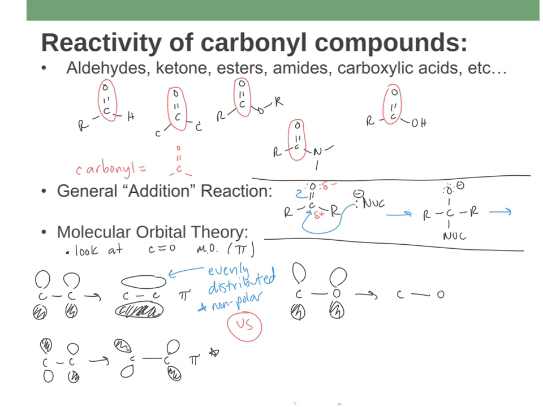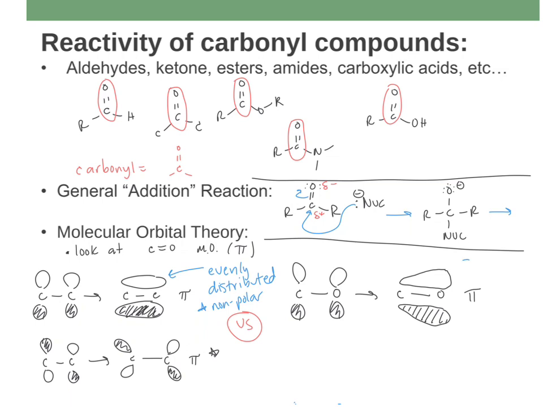What we're going to see when you have two things that have different electronegativities is that it's not going to be evenly distributed. It's going to be lopsided. So now my pi bond is going to be similar, but, like I was saying, lopsided. So this is my version of lopsidedness. It's still a pi bond, but it's supposed to be on one side versus the other.